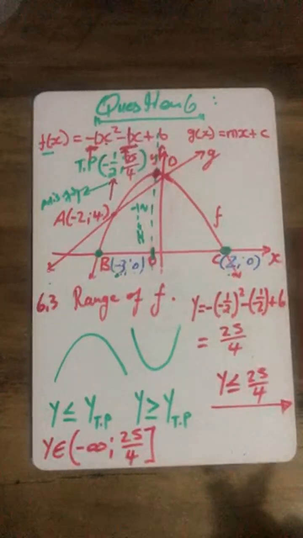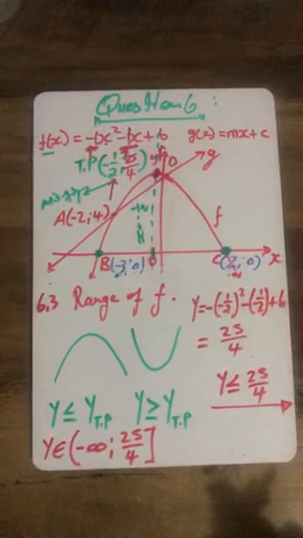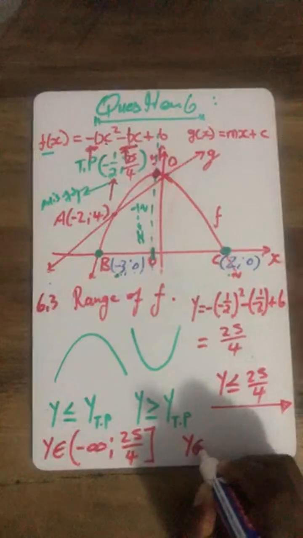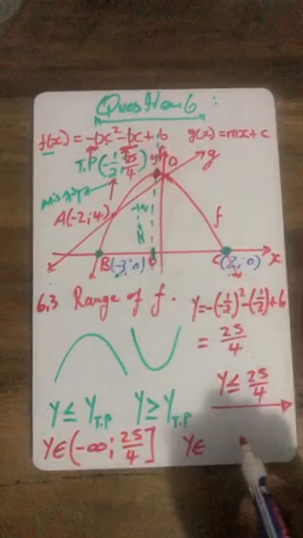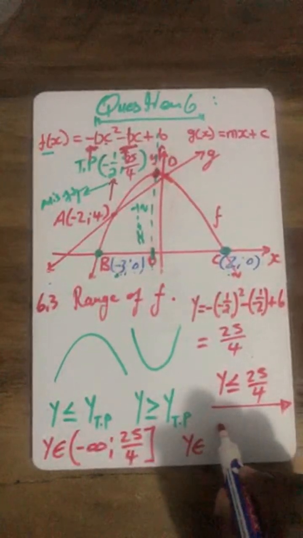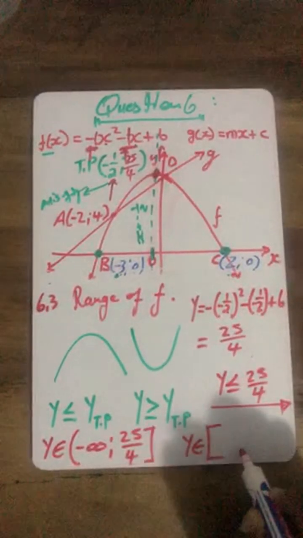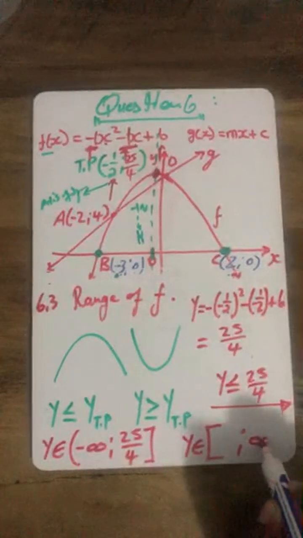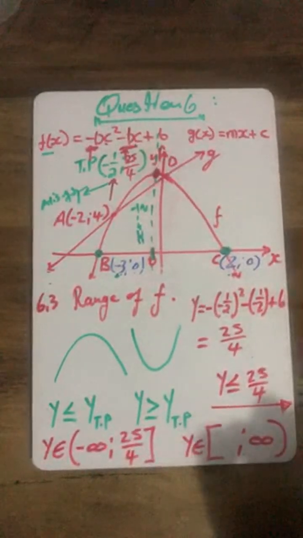That's how you would write it in this format. Otherwise, if it was a smiling shape, you would have it like that, you write your answer there, and you go up to infinity there.